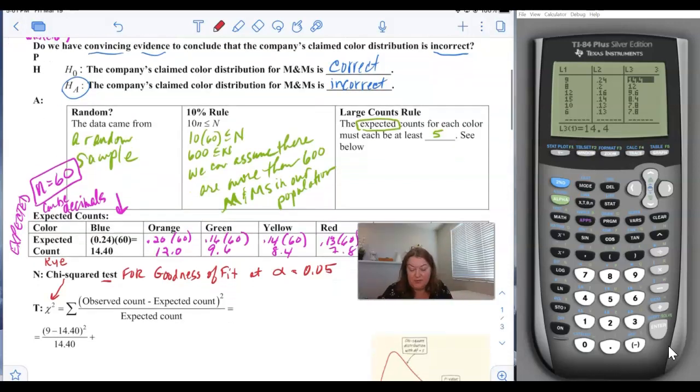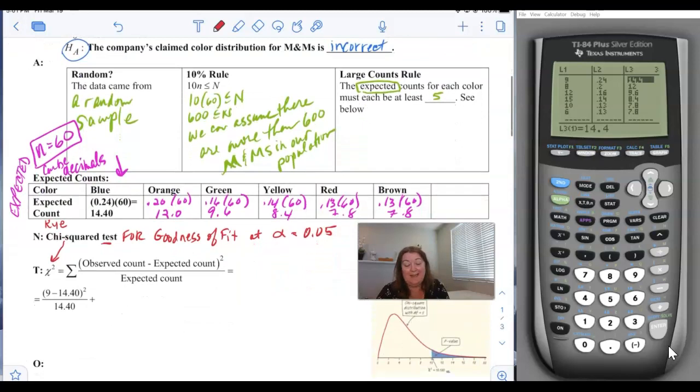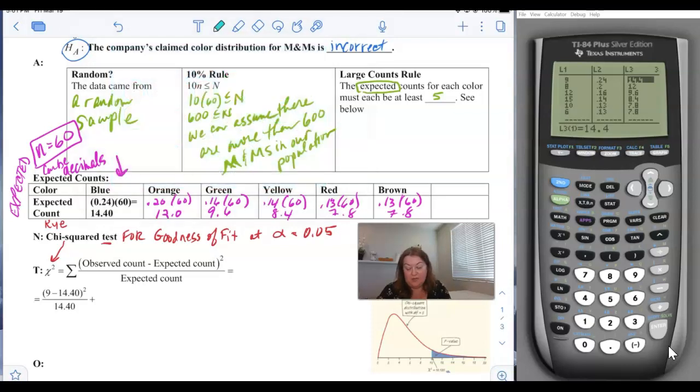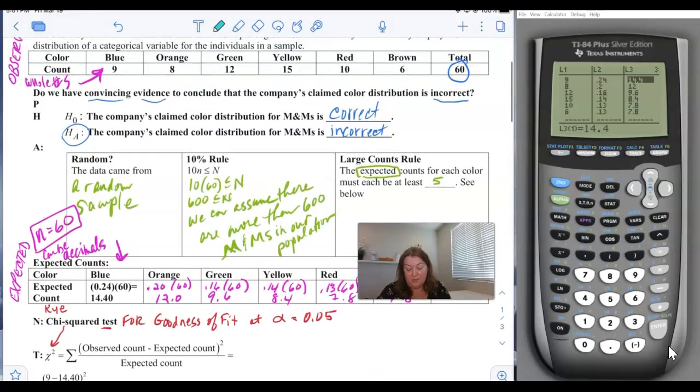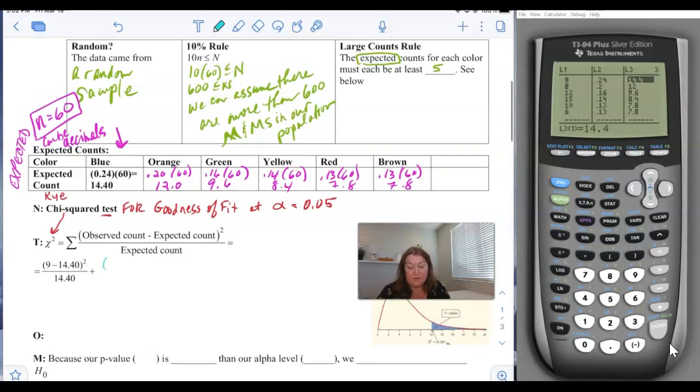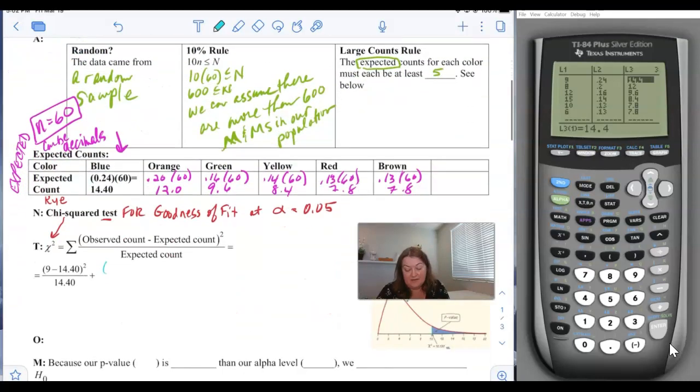So I've showed you the first one. We're going to have to write out every single one of these. Yes, I did say every single one of these. So in our first one, 9 was on top, the observed, and we were expecting 14.4. We square that, we put it under 14.4. Then the next one was 8 minus 12 squared over 12.